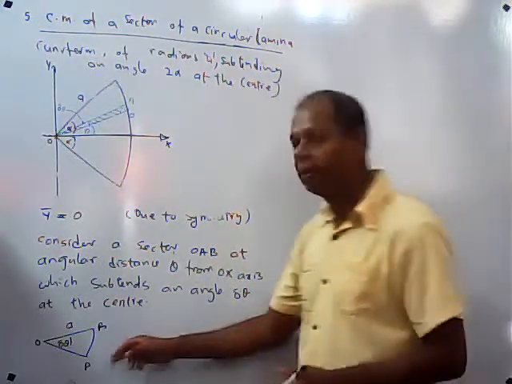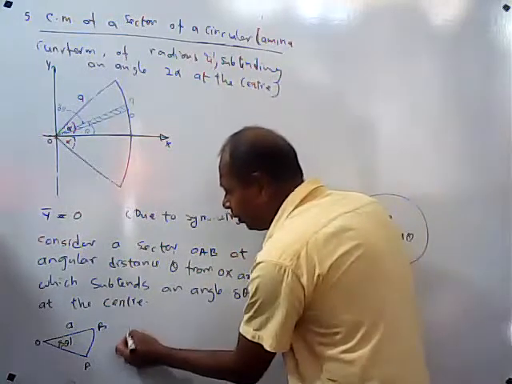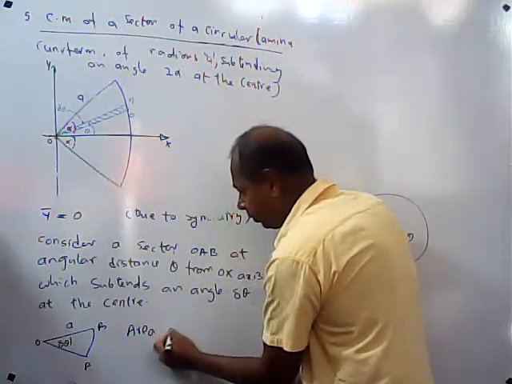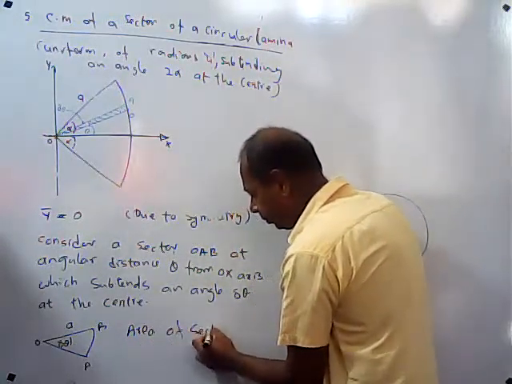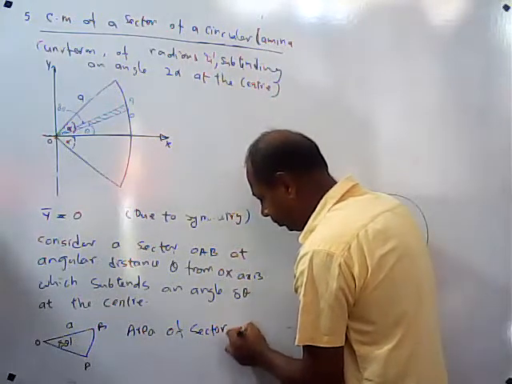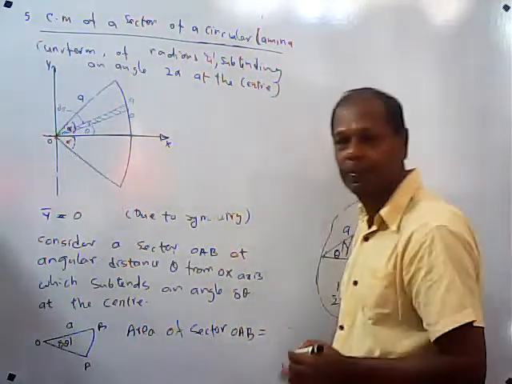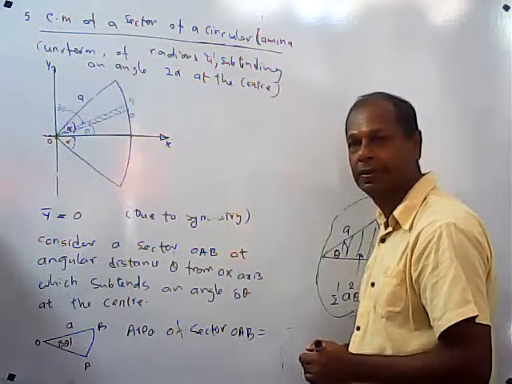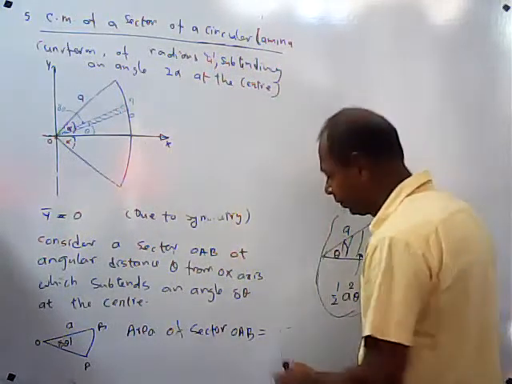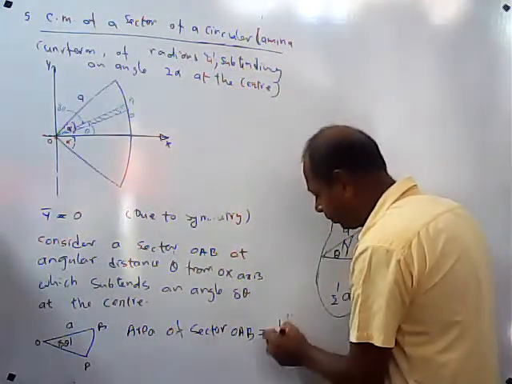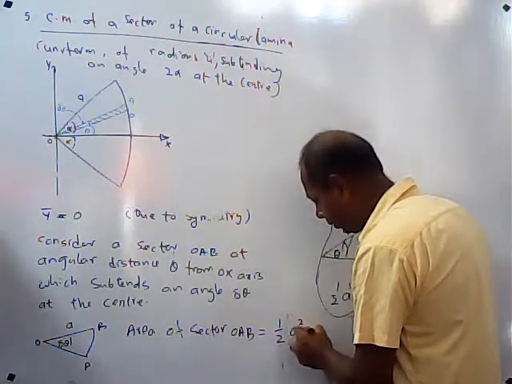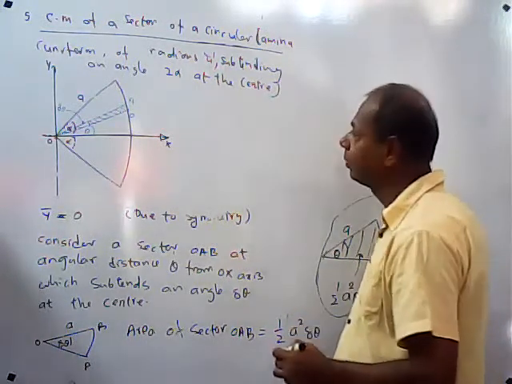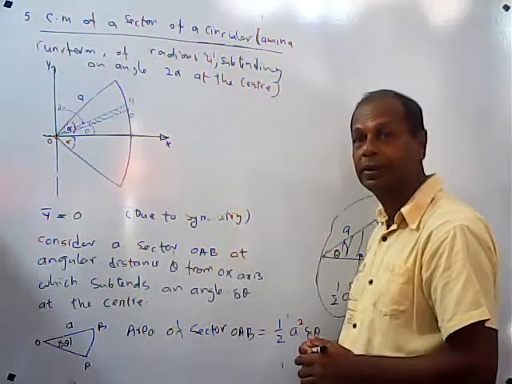So the area of this sector OAB is equal to half a squared delta theta.